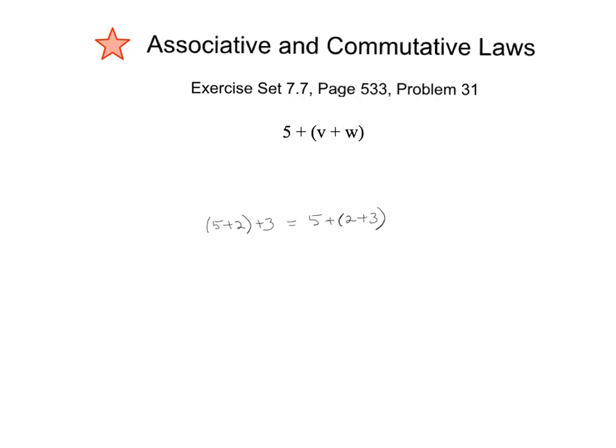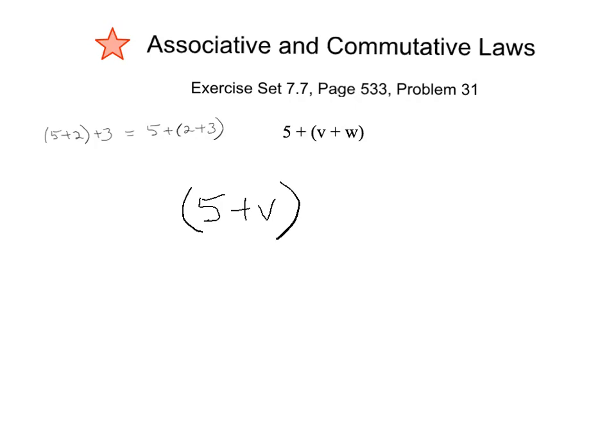So let's look at how that might be applied to our question. If we think about that idea of changing the groupings, what's inside the bracket and what's outside the bracket, then couldn't we quite easily rewrite our expression as (5 + V) + W, right?